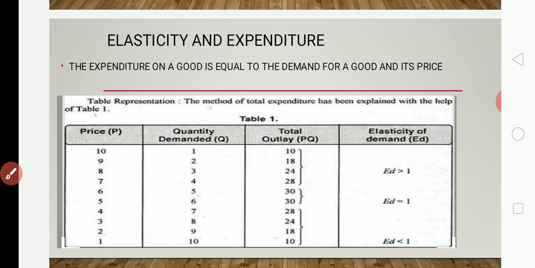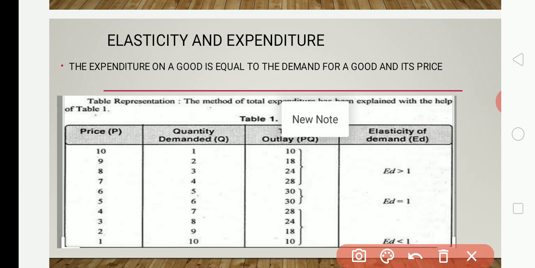Now if you observe the total outlay, the first value is 10, next 18, 24, 28. That means the prices are becoming lesser and lesser here, and the total outlay is increasing: 10, 18, 24, 28.